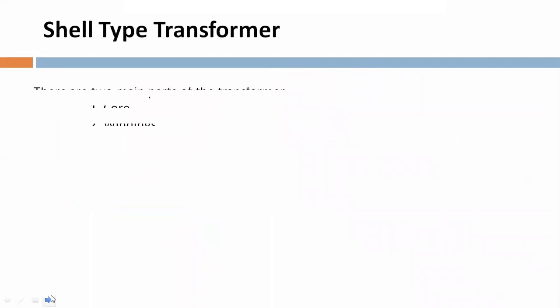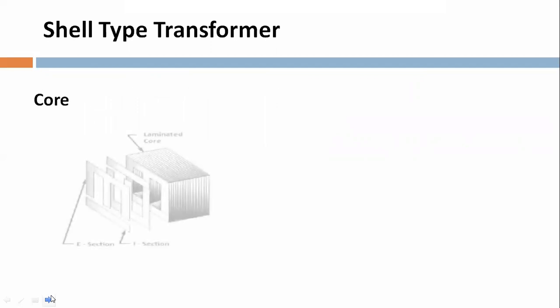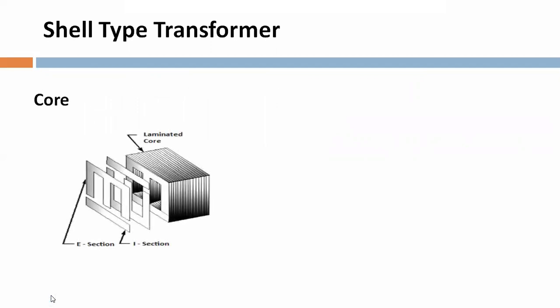Now we are discussing shell-type transformer. Also, there are two main parts of the transformer, in a similar way to the core-type transformer: first core and second winding. Now we are discussing the core of the shell-type transformer.